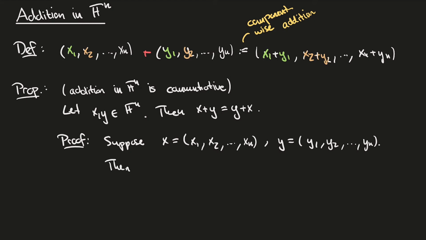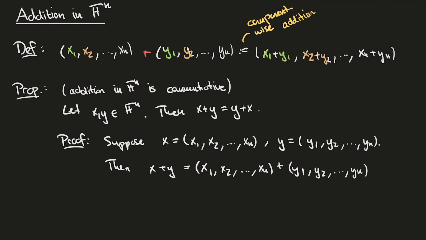Then this allows us to write out this compact statement x plus y in terms of coordinates. So we have x1, x2 up to xn plus y1, y2 up to yn.